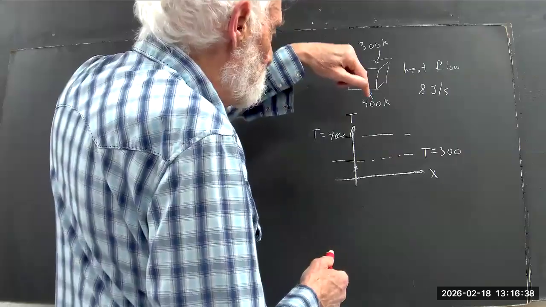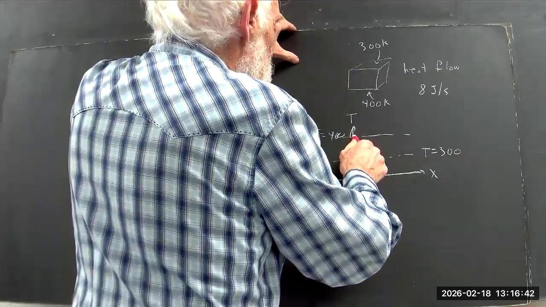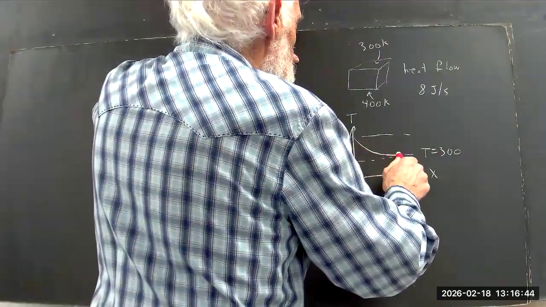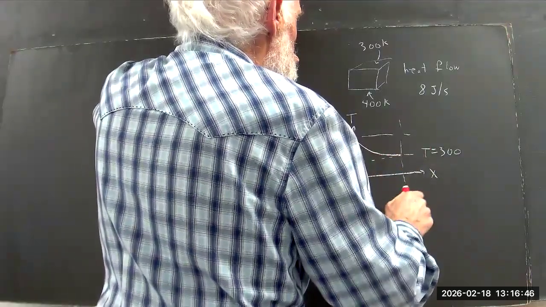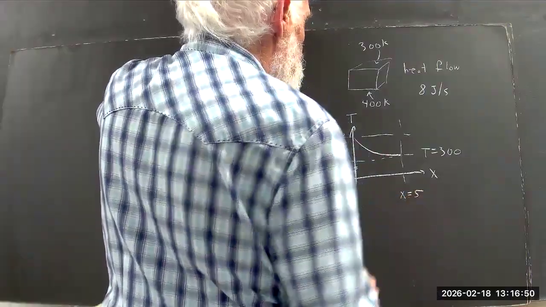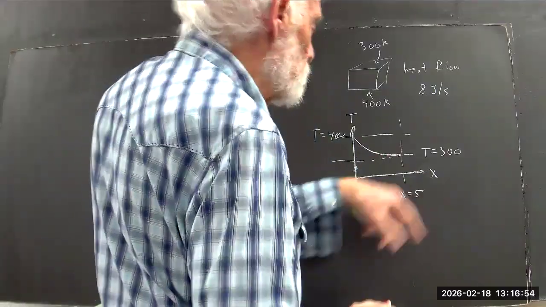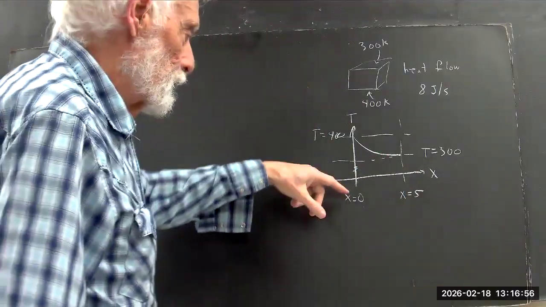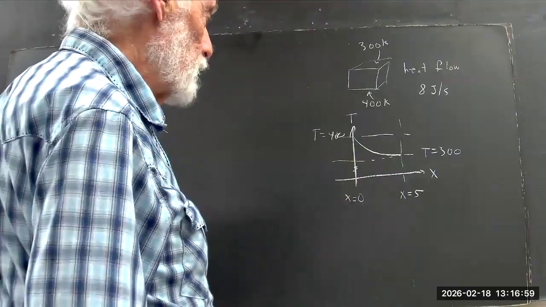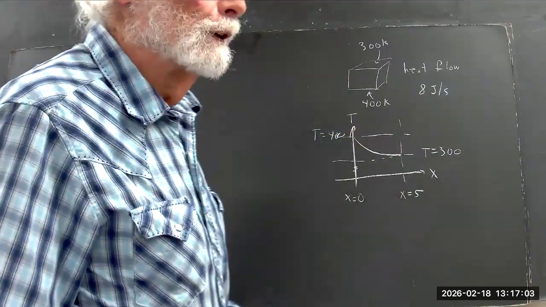Anyhow, at the beginning, if x is measured in domino thicknesses, we're going to have x equals 0 here, x equals 5 here, and we're going to have something that looks roughly like this.